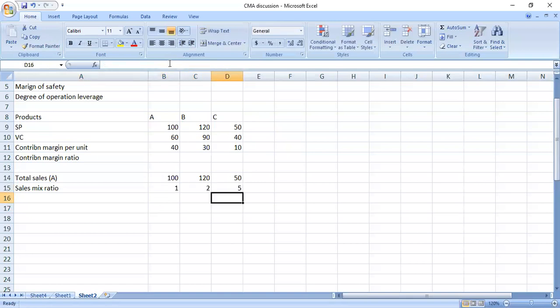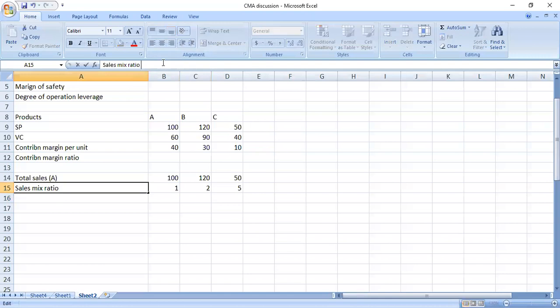Call it B. Now change the total sales. I see where you wrote total sales instead of selling price. Selling price, yeah.